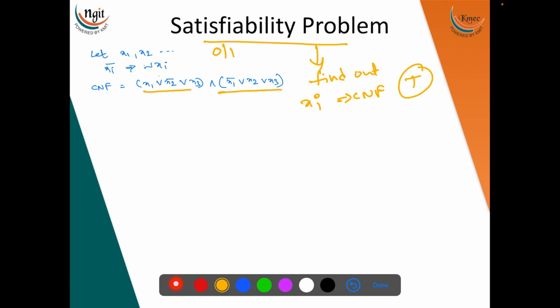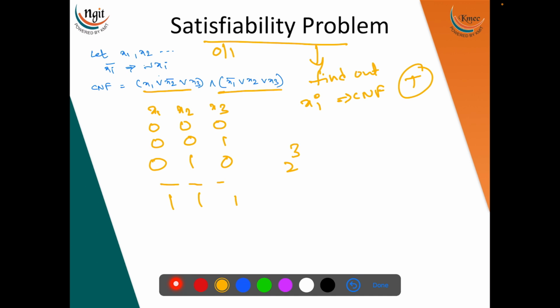That means I have three variables x1, x2, x3, with values 0, 0, 0, then 0, 0, 1, then 0, 1, 0, and so on. How many? 2 cube possibilities. That means there are 8 possibilities. I should try all these 8 possibilities.